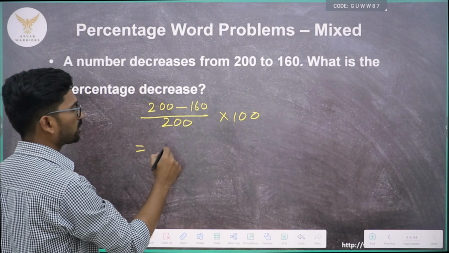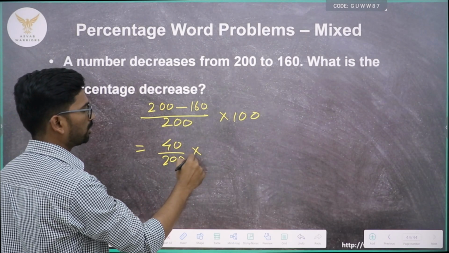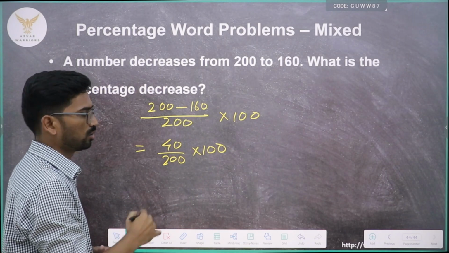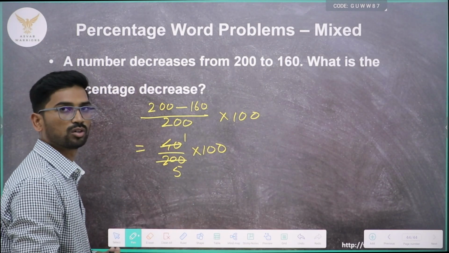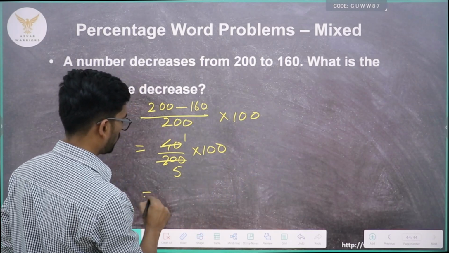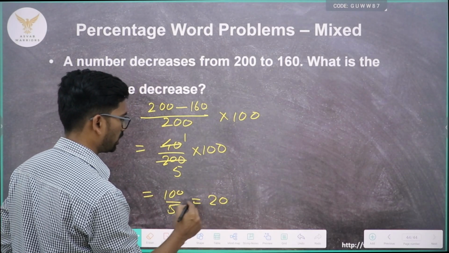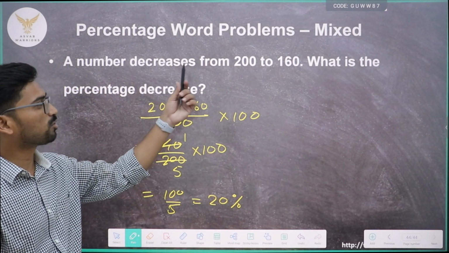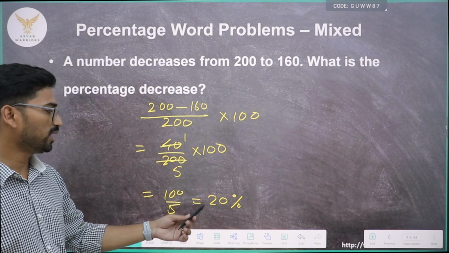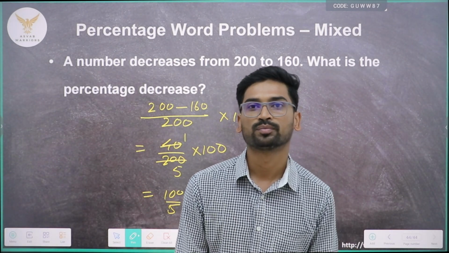So 200 minus 160 is 40 divided by 200 times 100. 4 1s are 4 and 4 5s are 20, so we are left with 100 divided by 5, which is nothing but 20. What is this? 20%. If the number is decreased from 200 to 160, it is a decrease of 20%.